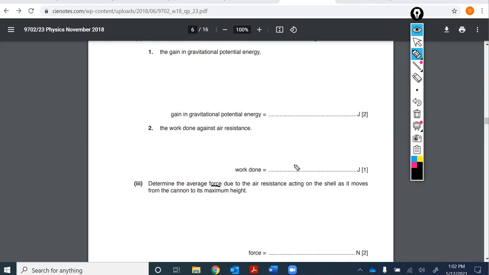If we've just solved that the work done is 170 or 171, work equals force times displacement. 171 joules of work done against air resistance means what was the average force due to air resistance if it traveled a displacement of 210 meters up? That was the height that was given. So 171 divided by 210 gives us an average force of 0.81 newtons.